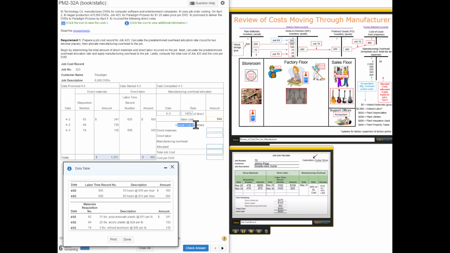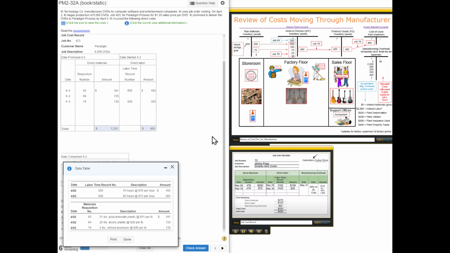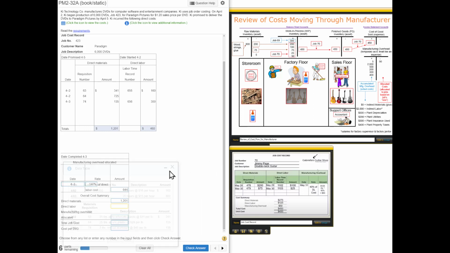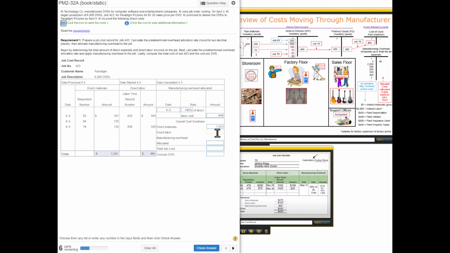So now what we're going to do is just summarize the cost. I'm going to take the 1201 direct materials, I'm going to add the $460 of direct labor, and then the $644 of manufacturing overhead.